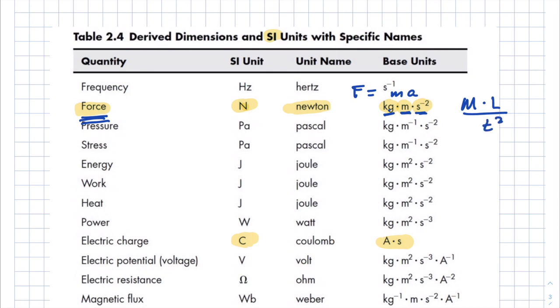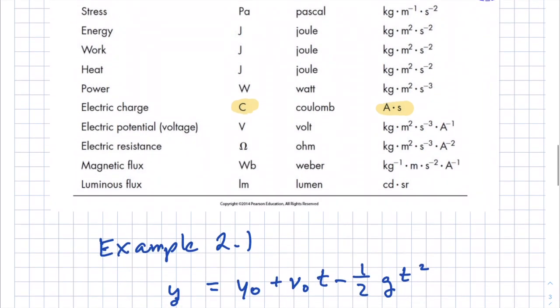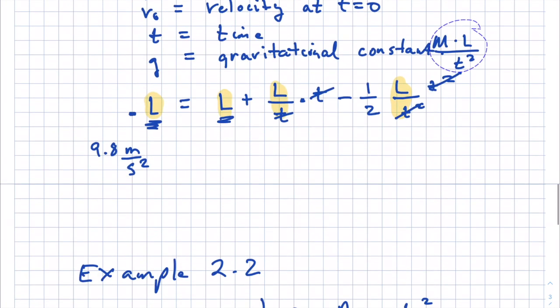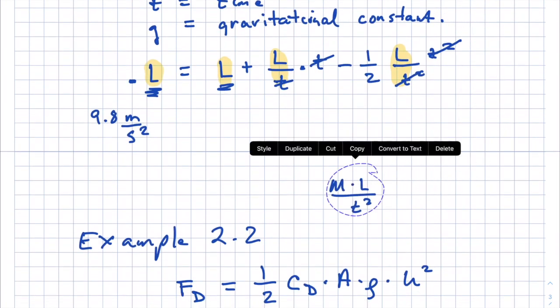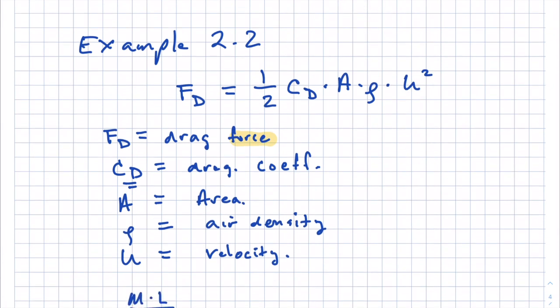So when I see the force, I can write M L over T squared. Let me drag that down to this example. That's what I have for force. The problem statement is we want to know what are the dimensions of CD.